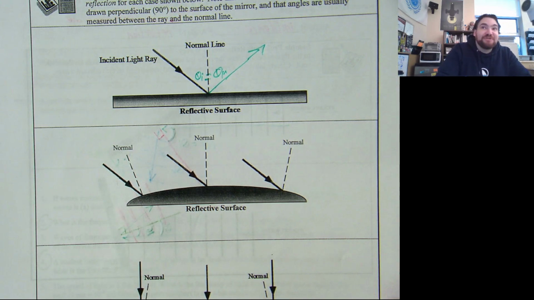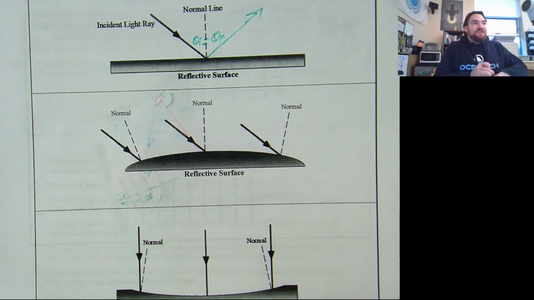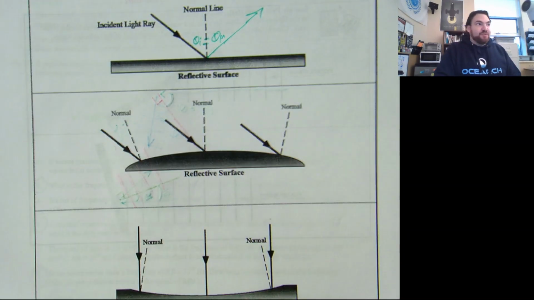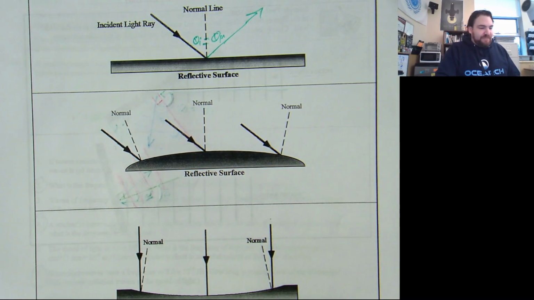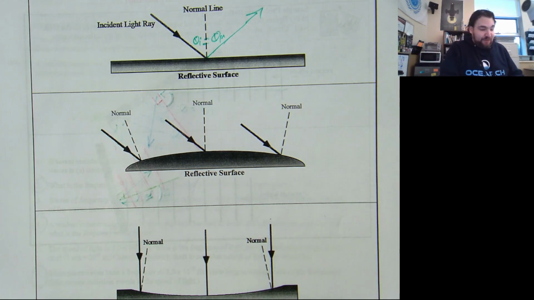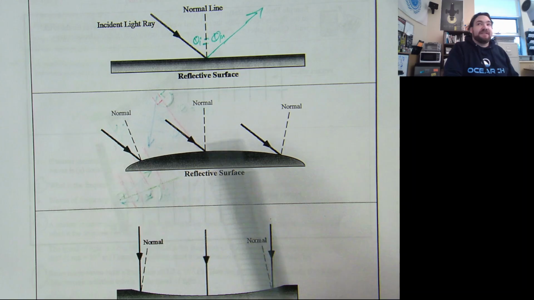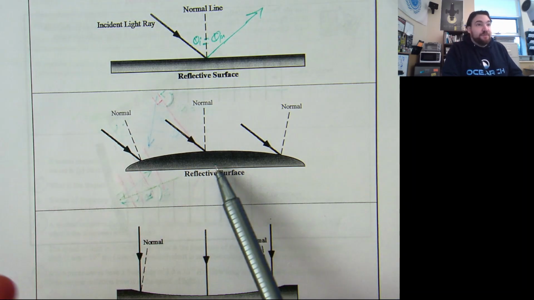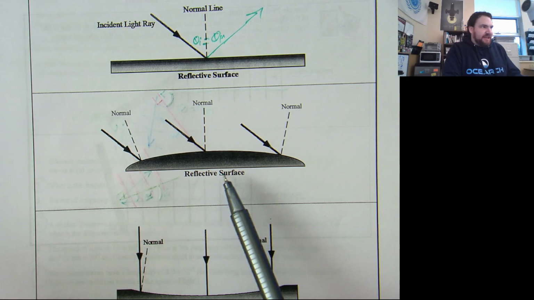Where things get really interesting is now with light, we actually can start to curve our surfaces, and we get these really neat effects. Because you have to remember, light's not just coming in on one band, right? It's coming in as a whole beam of light. And so what happens is if you have a curved reflective surface like this, an example of this would be a security mirror in 7-Eleven.